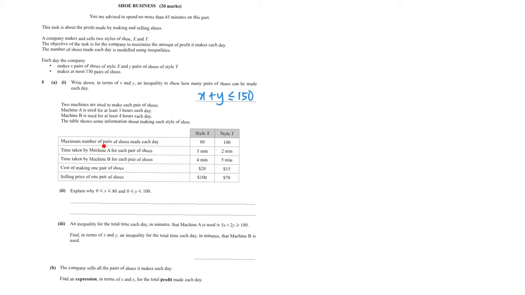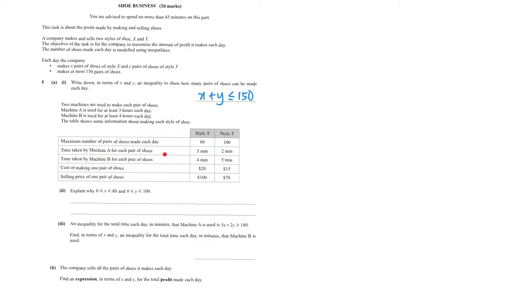We have maximum number of pairs of shoes, 80 and 100. You might be questioning why 80 and 100 here while they said at most is 150. It means that style X and Y cannot both have the maximum numbers on every day. So it can't be X 80 and Y 100. Both can't be maximum at the same time because the total should be at most 150, right?